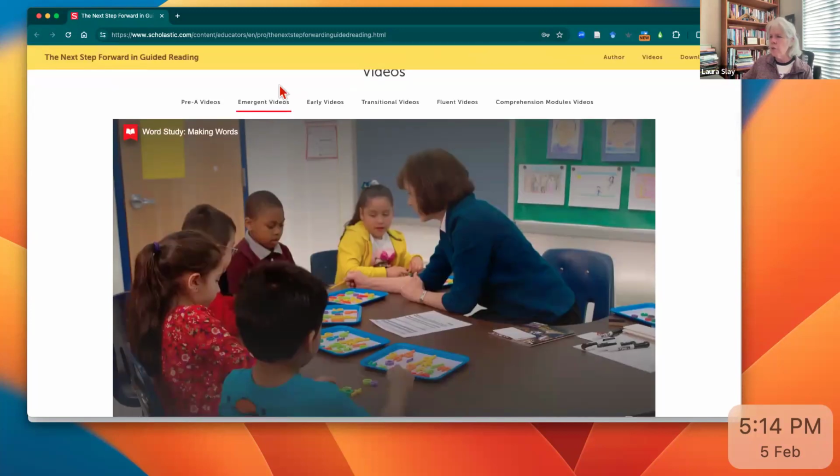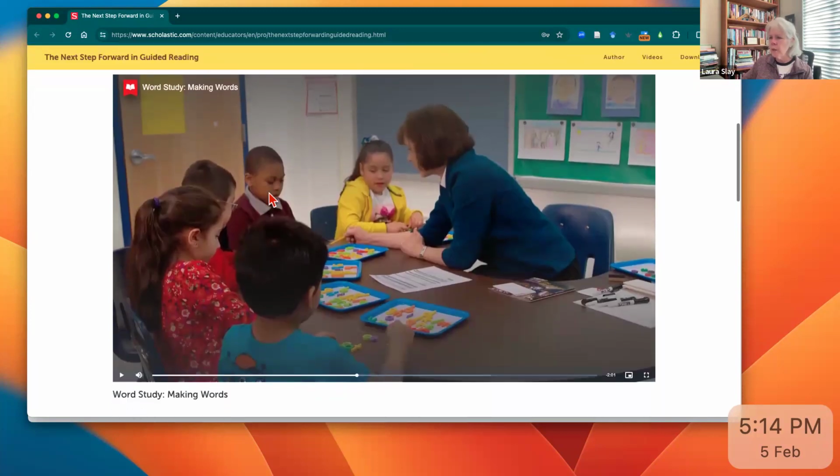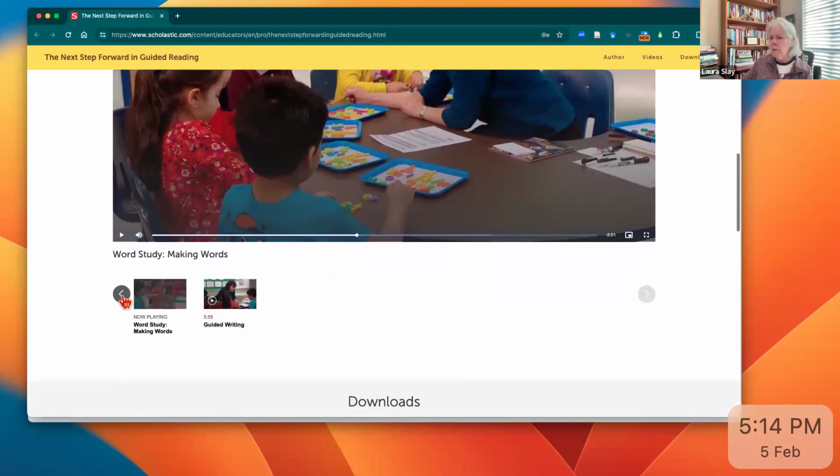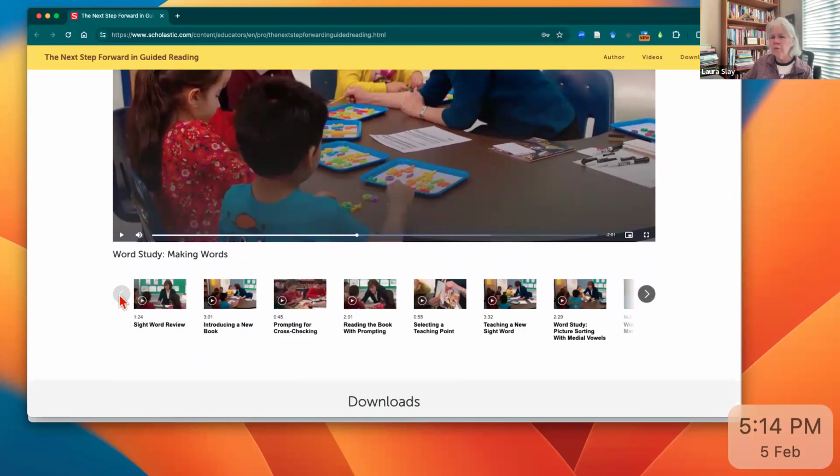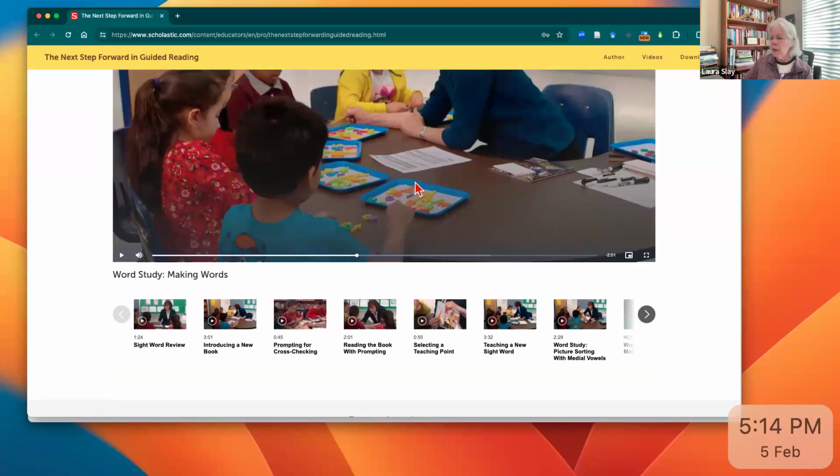So I encourage you to look at the emergent videos, because I'm going to ask you to make some comments, looking for what is structure, what is explicit instruction in her guided reading groups. And I think that I mentioned this earlier. I see a lot of structured literacy lessons that I said in schools, they're happening as whole group.